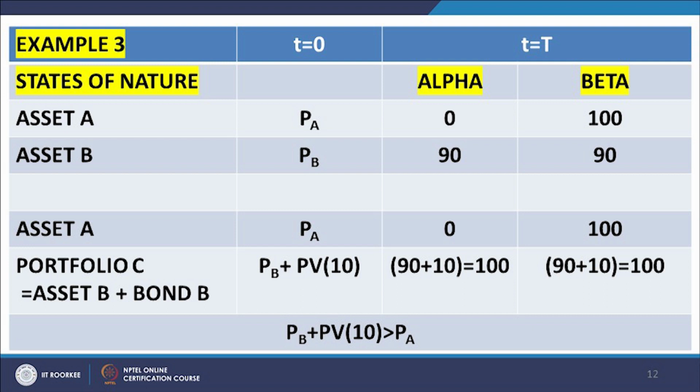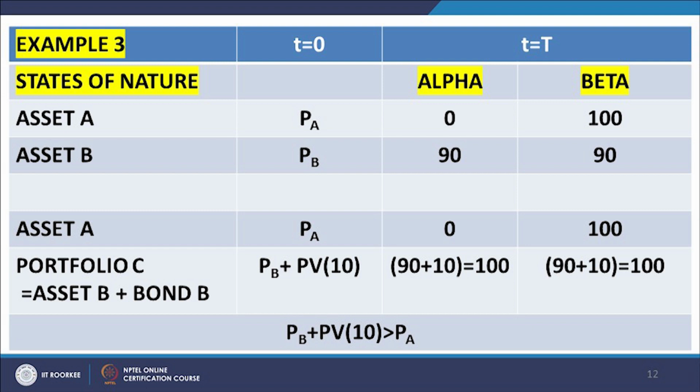So, let me repeat, in state beta both the portfolio assets, asset A and portfolio C, the payoff of both these portfolios is absolutely identical if state beta arises.